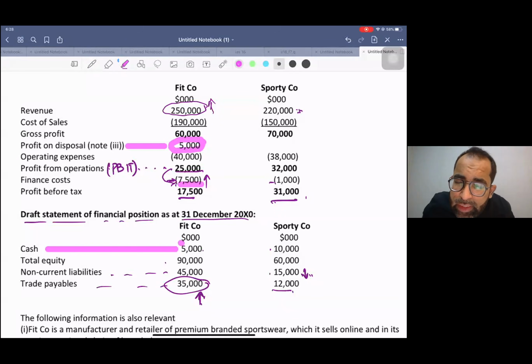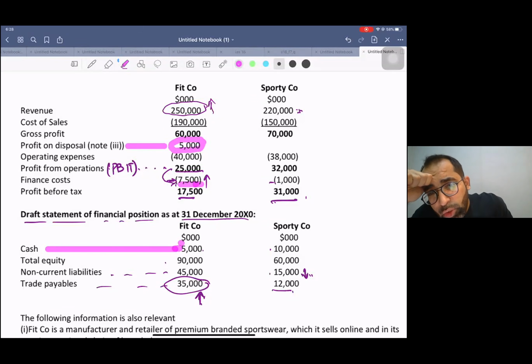So if we look at Fit company in terms of profits, yes, Fit company has enough profits to cover the finance cost. But when it comes to cash, you have to pay the finance cost or interest expense in the form of cash. Your finance cost is 7,500, but your cash is only 5,000.